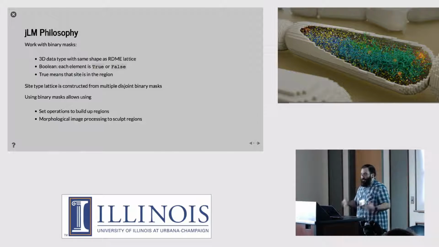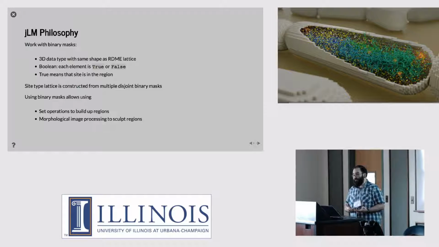So again, we're working with binary masks. So three-dimensional array, each element in the array is on or off. True means that that point is within the region that we're interested in. And we construct the site type lattice by combining all of these disjoint site type binary masks.